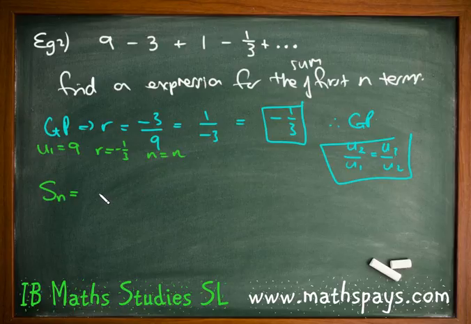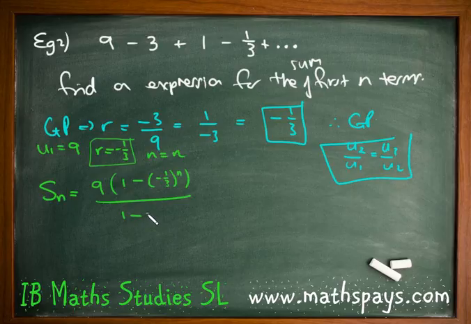Now I need to select one of the two formulas, noticing that my ratio is less than 1. So when I do this, I'm going to enter it in as my U1, well, that's 9, brackets, 1 minus my ratio of -1 on 3 to the power of n, all over 1 minus my -1 on 3.